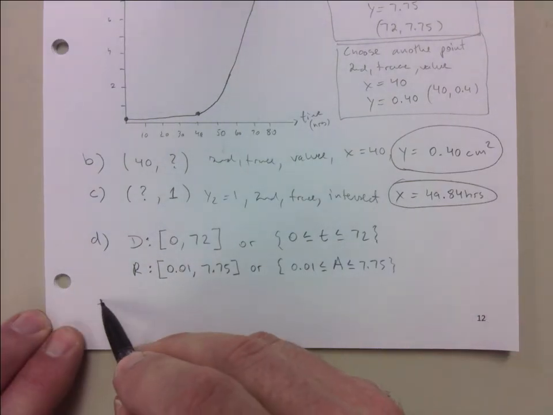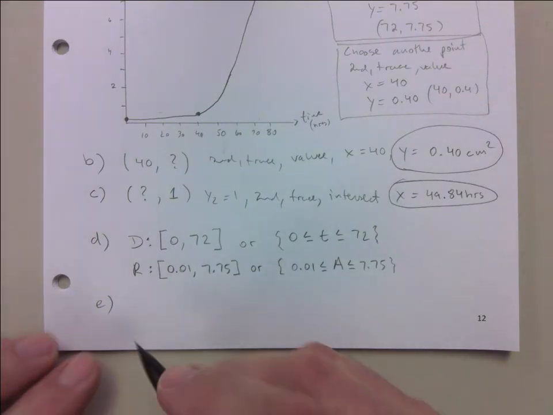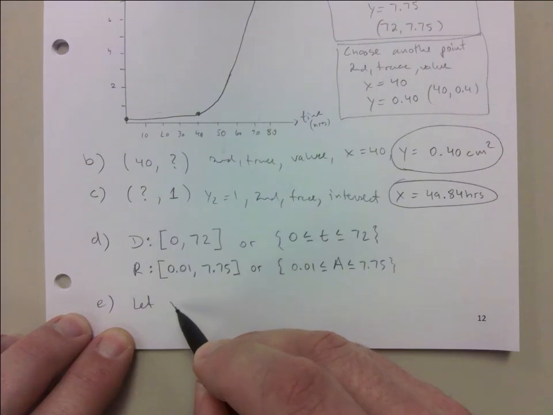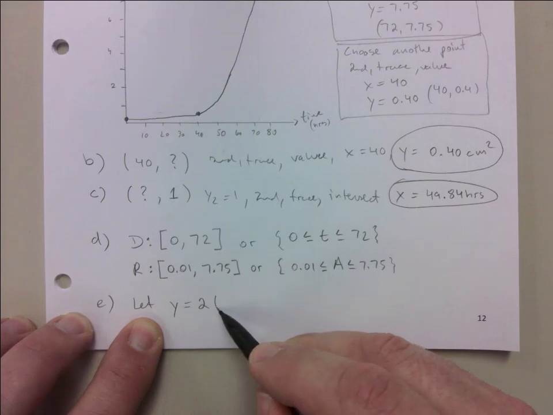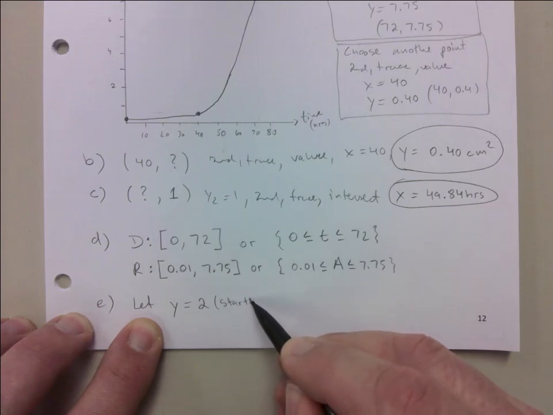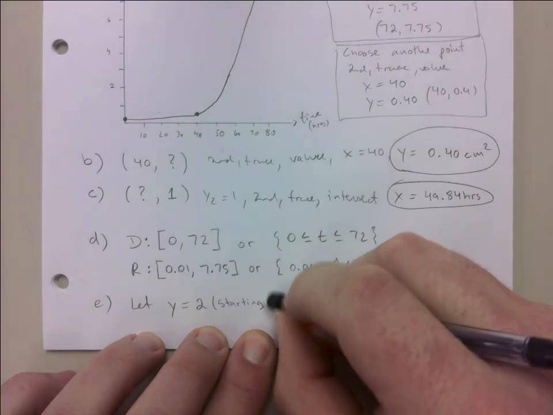E, this one I would really want you to know how to do. It's actually not that bad. Determine the doubling time of the bacteria. We will let y equal 2 times the starting population, or amount, I will go amount in this case.